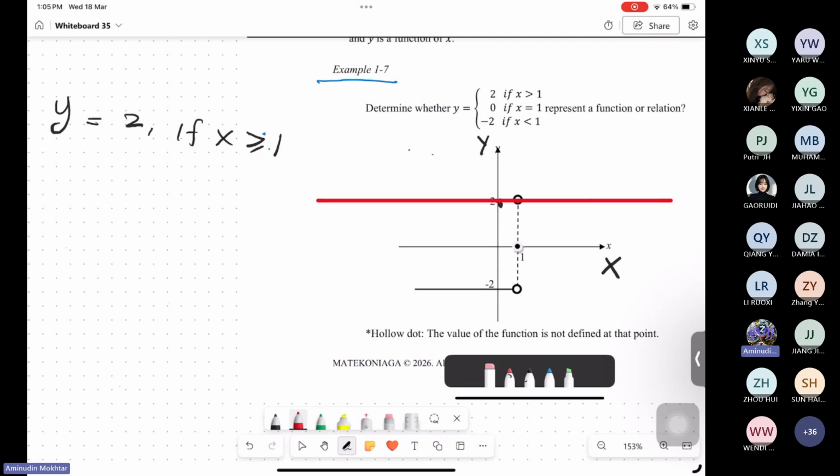When x equals, but there is a restriction here: if x is greater than 1. So this function y equals is valid only when x is greater than 1. So I need to erase this part.